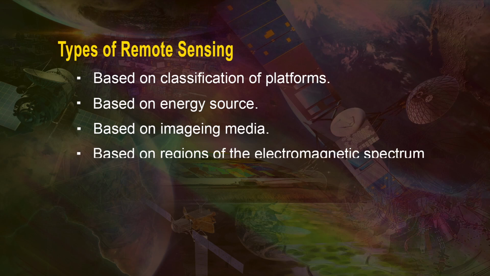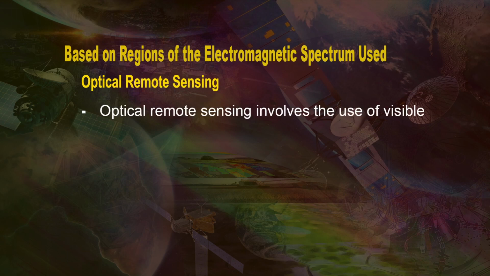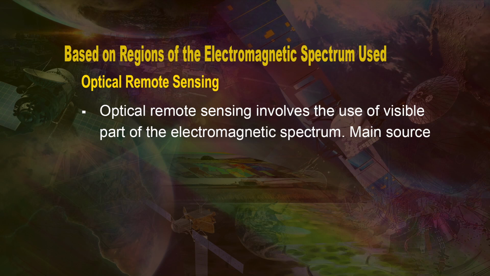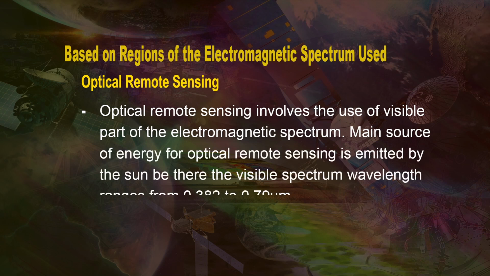Based on the regions of the electromagnetic spectrum used, remote sensing can be divided into optical remote sensing, which involves the use of the visible part of the electromagnetic spectrum. The main source of energy for optical remote sensing is emitted by the sun, where the visible spectrum wavelength ranges from 0.382 to 0.79 μm.